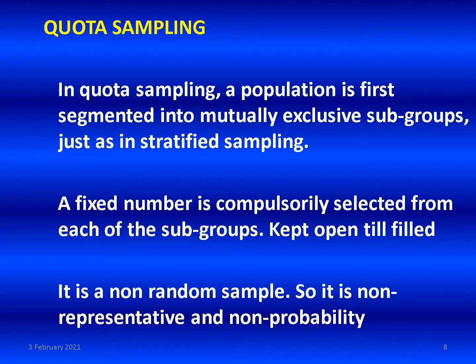Then a fixed number is compulsorily selected from each of the subgroups. Now the subgroup may not have a sufficient number, but the quota will be kept open till the sufficient number of people are recruited. So what is the problem?